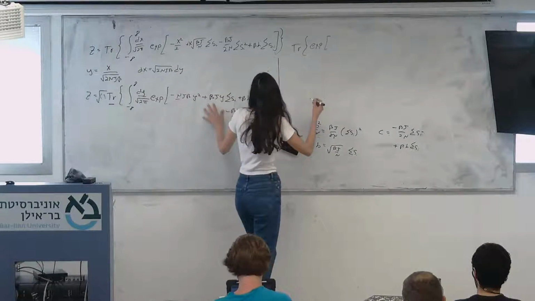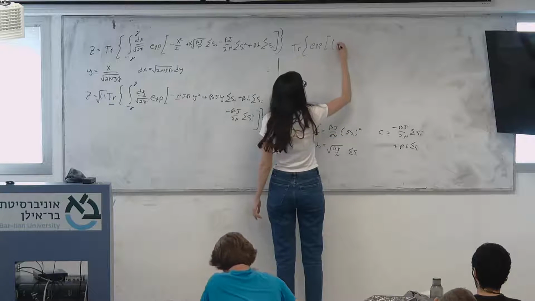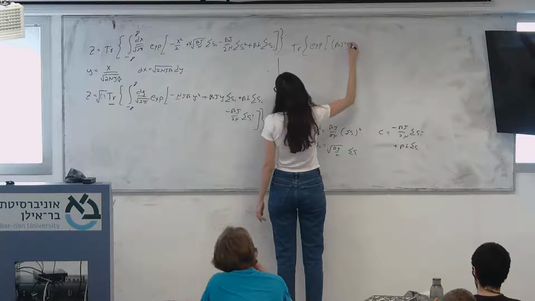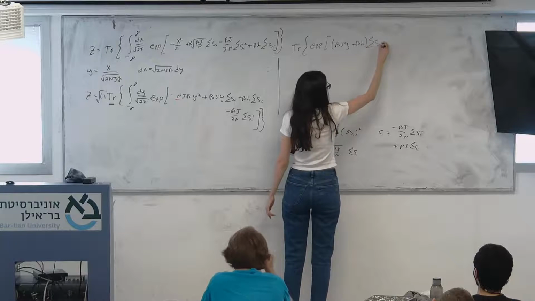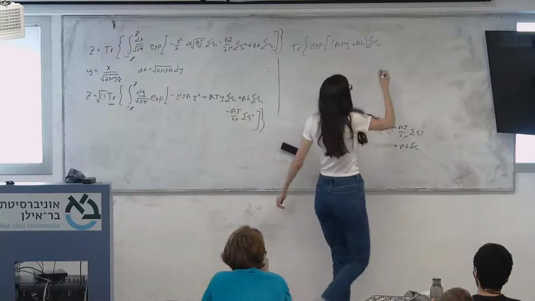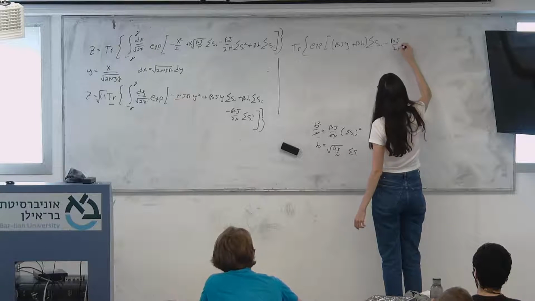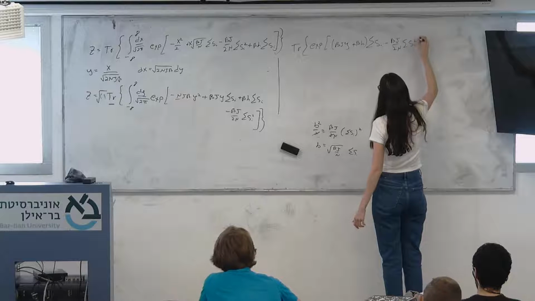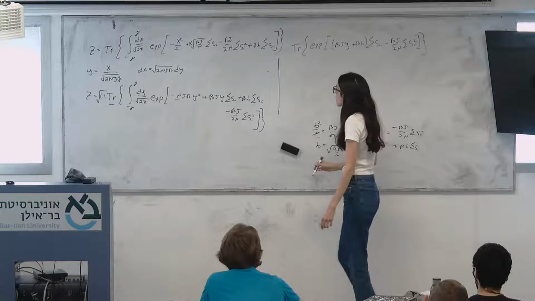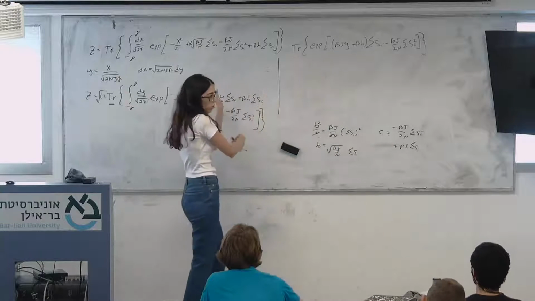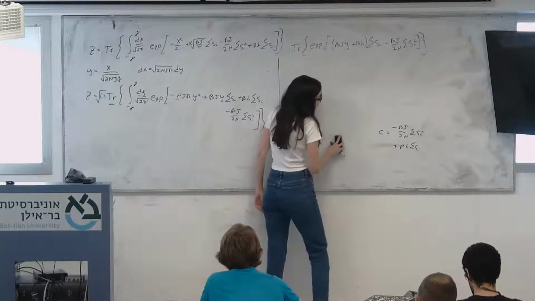So we're going to have beta j y plus beta h sum over Si, just put everything together, minus beta j over 2n sum over Si squared. So this is what I want to find. How am I going to do that?